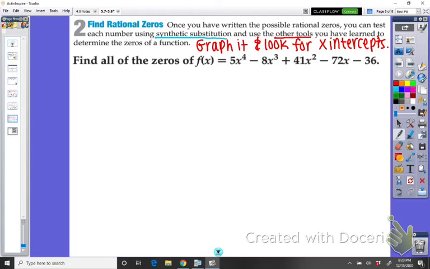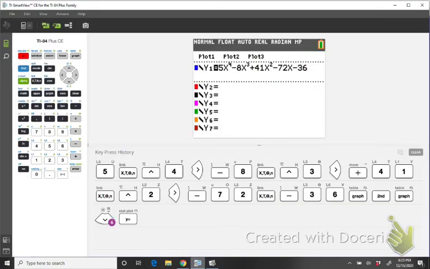Now you'll definitely find some that are whole numbers. You want to look for those first, and then do some synthetic substitution, synthetic division to do what we did a couple days ago in class. Then we can factor. So I already went to my calculator here. I typed in the function.